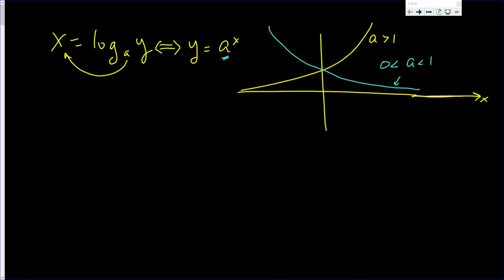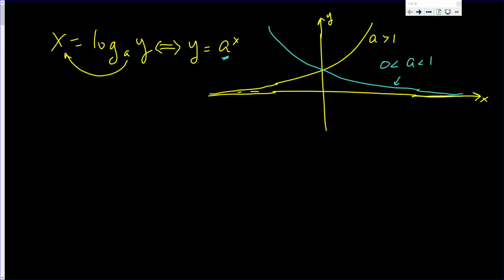The blue one gets closer and closer as x gets larger and larger, and the yellow one, let me try to draw it a little bit better, the yellow one gets closer and closer to the x-axis as x gets more and more negative.